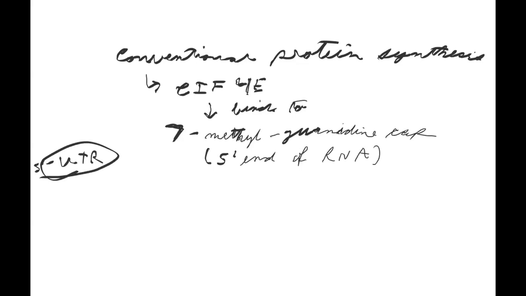Well, this is what's happening. Normally the EIF binds to a certain region on the 5', and once that happens, it recruits EIF4G. So it needs EIF4E to bind to a 7-methyl guanidine cap, and then all of a sudden it will start recruiting EIF4G.